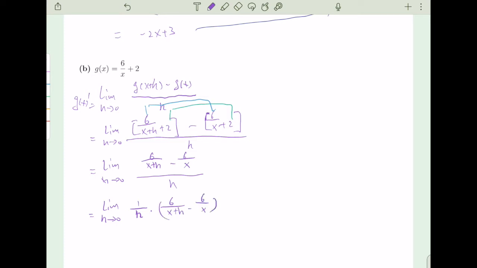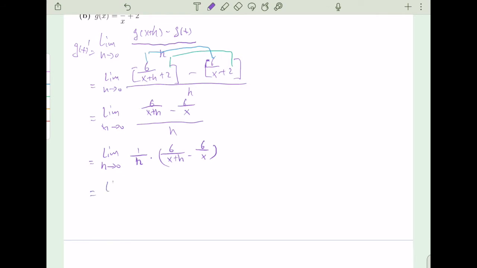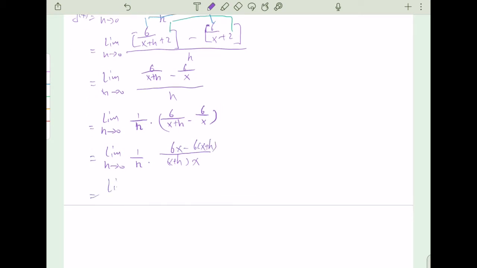Now we cannot do the cross multiply stuff to combine these two fractions. So it becomes x plus h, x here, 6x minus 6 times x plus h. Okay. And then we continue. So the 6x cancel, and we are left with minus 6h over x plus h times x here.